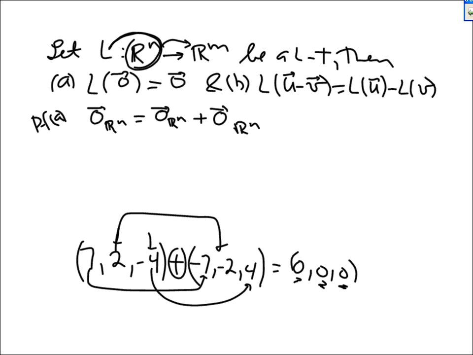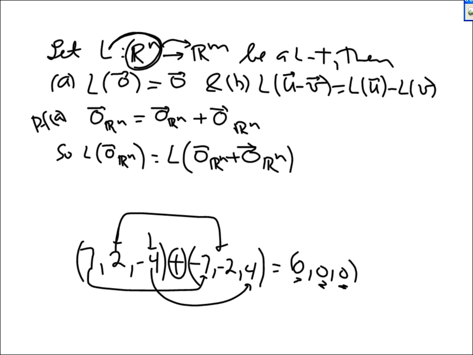You add the zero vector to itself, you get back the zero vector. L of the left side is equal to L of the right side, L of the zero vector plus the zero vector.